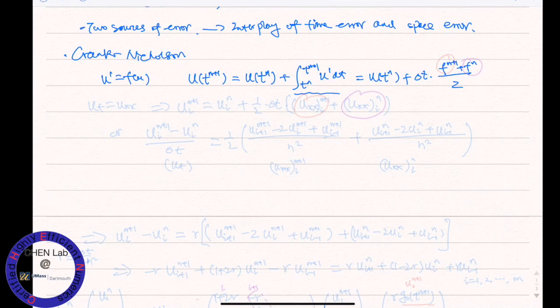Okay, so exactly the same thing is going on here. We have u_t equal to u_xx.